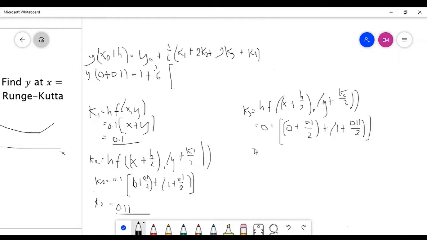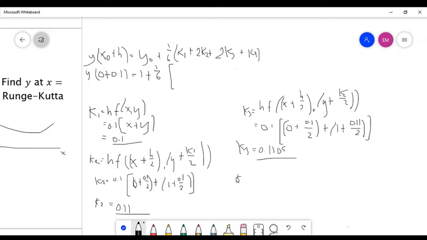Then do the calculations. Your K3 is 0.1 divided by 2 plus 1 plus 0.11 all over 2 times 0.1. So we have here 0.1105. This is for our K3.